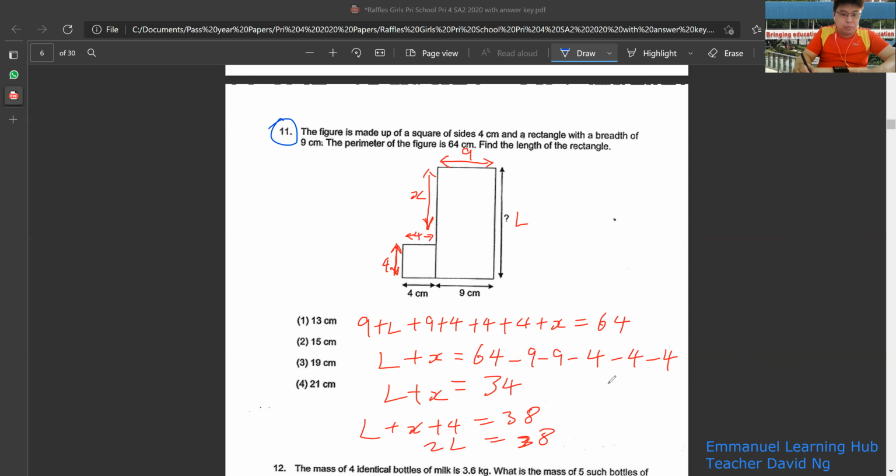Because X plus 4 is L. You understand, no? So L equals 38 divided by 2. What's the answer? 38 divided by 2 equals 19. So the answer is 3. Okay? You understand, no? Yeah.